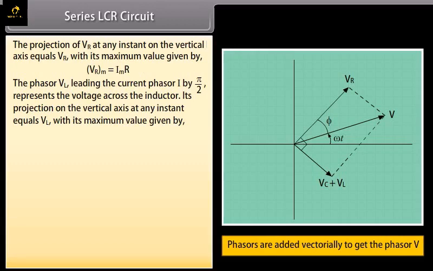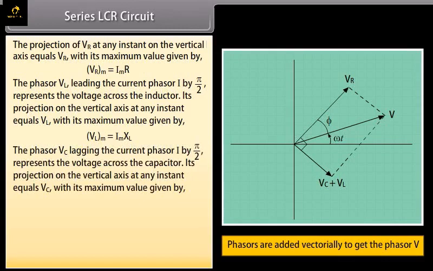Its projection on the vertical axis at any instant equals VL with its maximum value given by the product of Im and XL. The phasor VC lagging the current phasor I by pi by 2 represents the voltage across the capacitor. Its projection on the vertical axis at any instant equals VC with its maximum value given by the product of Im and XC.